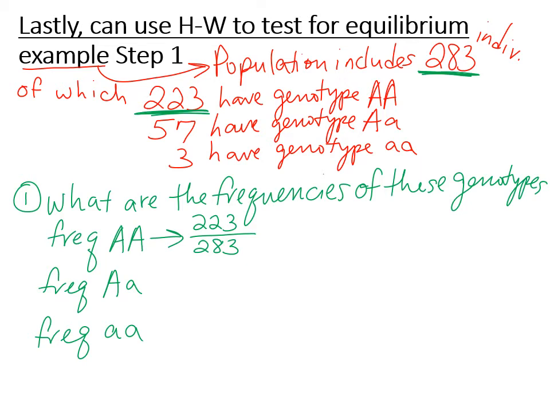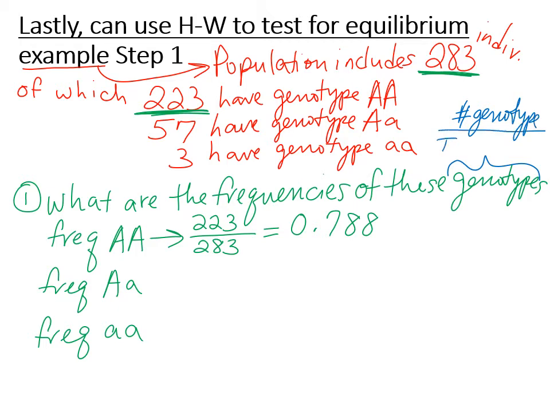That gives you the frequency. Okay, that's equal to 0.788. You can write in your notes that you are dividing that genotype by the total number of organisms. I'll put it over here because sometimes if I don't write it, students don't write it. So to get the frequencies of each genotype, you do number with that genotype divided by total individuals.